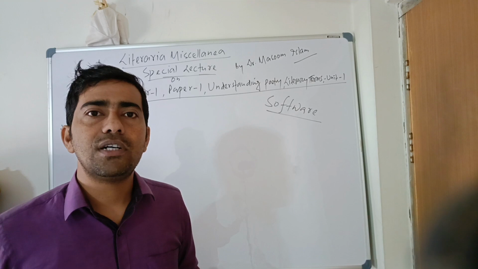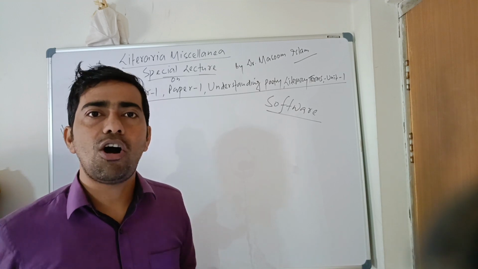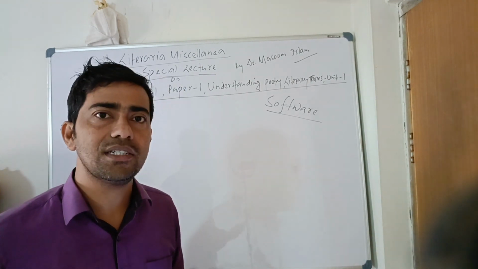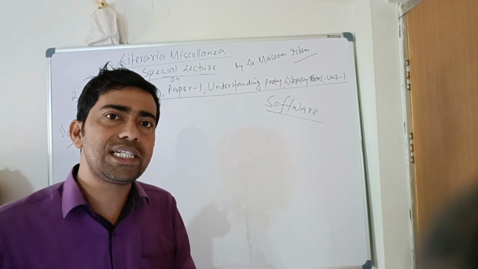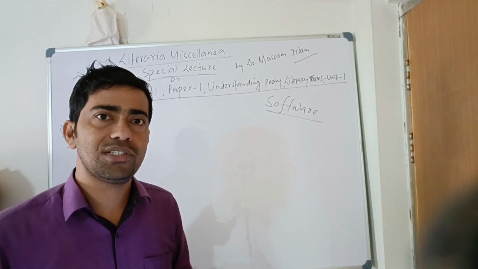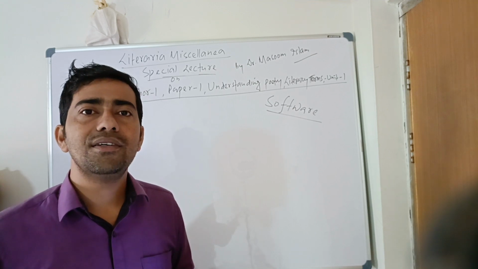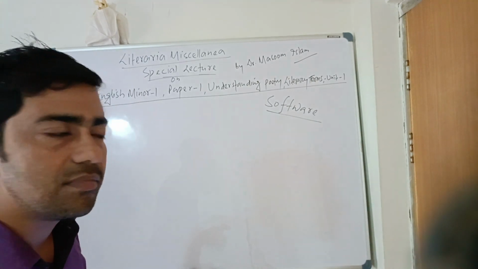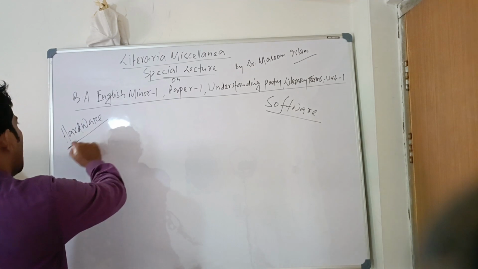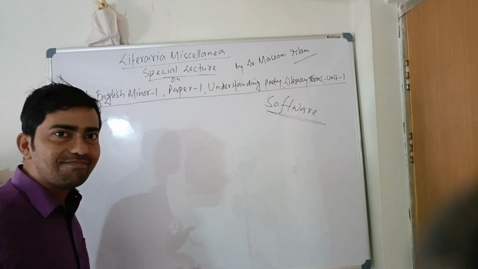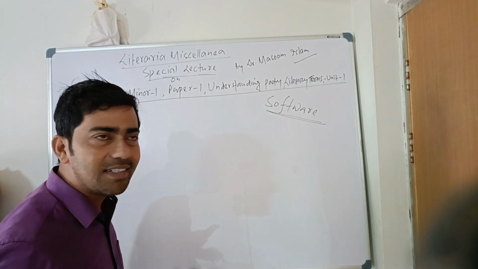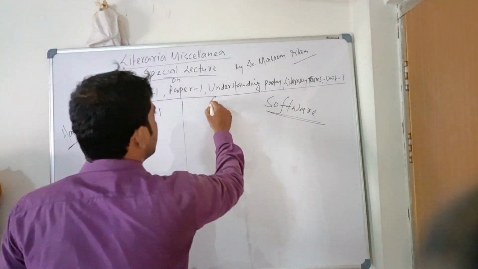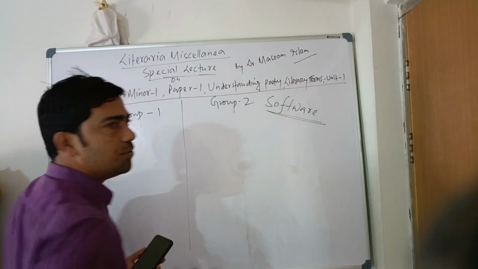Alright? So these 16 literary terms, for the sake of understanding, conceptualizing, and of course for the sake of memorizing, for the exam-oriented syllabus, I have divided into two groups, like hardware and software. Very interesting, na? Group 1 and group 2.